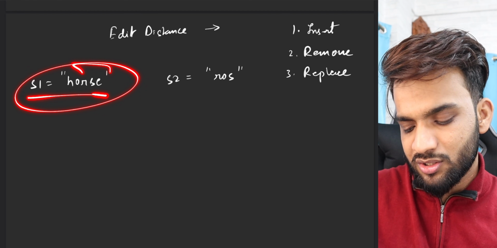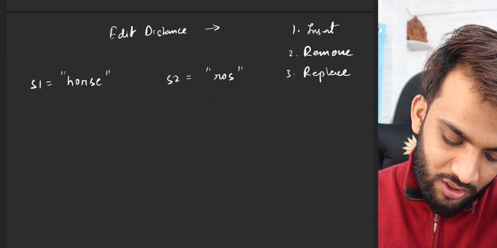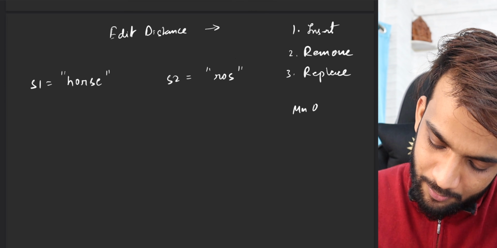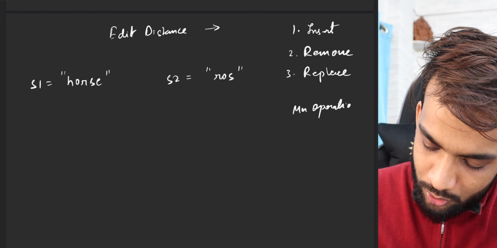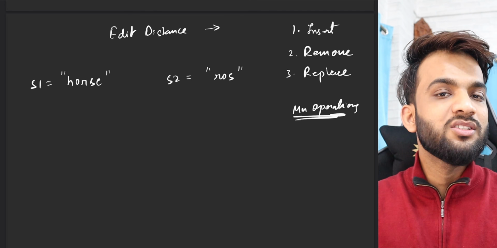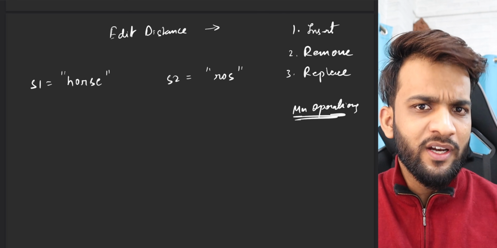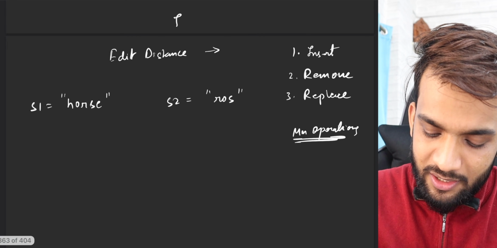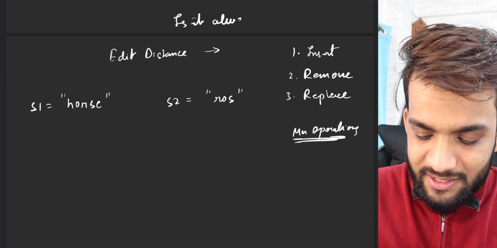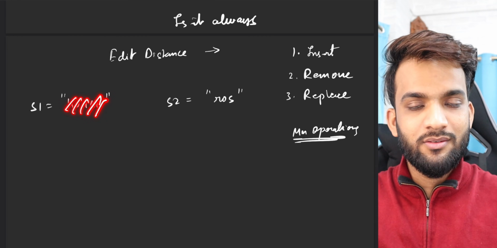You're given HORSE and you want to convert this into ROS. What is the minimum number of operations? Before finding that out, let's understand, is it always possible? The answer is definitely yes. How? Delete, delete, delete, delete, delete.